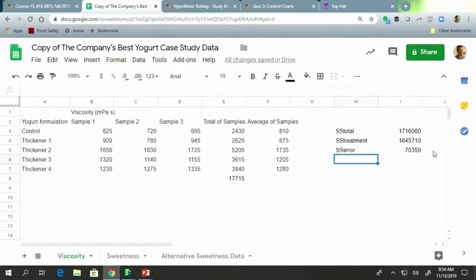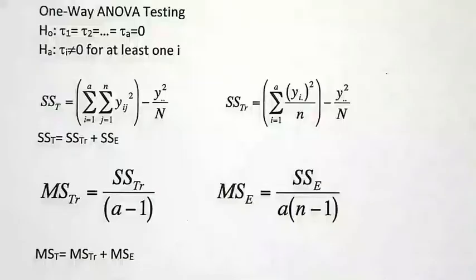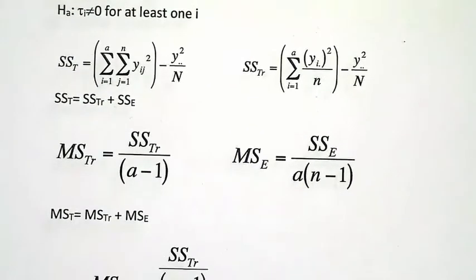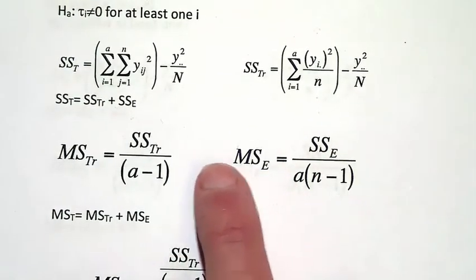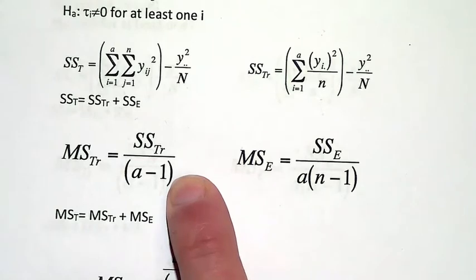Okay? What are we going to do next here? We're going to work on the mean square. Let's do the treatment. And recall, on our formula here, we're working with this one. So we just calculated the sum of squares for the treatment. It was 1,645,000.